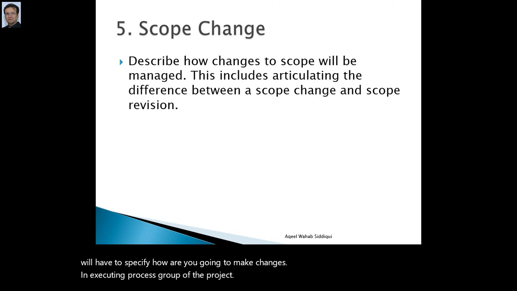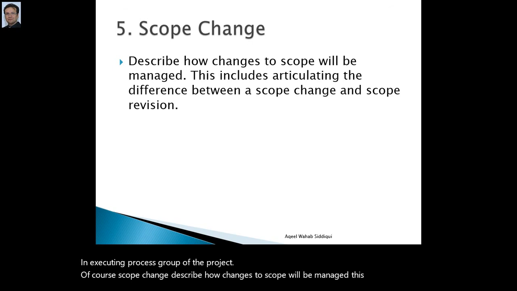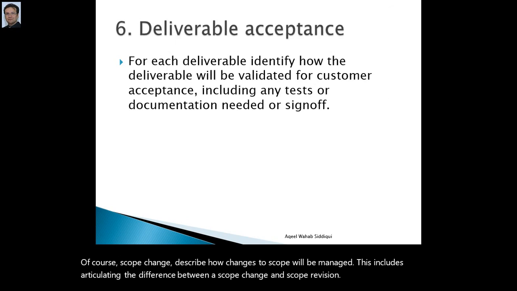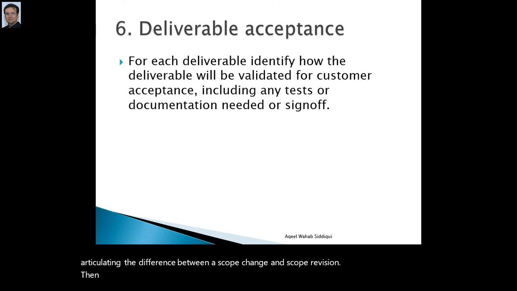And of course, scope change describes how changes to scope will be managed. This includes articulating the difference between a scope change and scope revision. Then deliverable acceptance: for each deliverable, identify how the deliverable will be validated for customer acceptance, including any test or documentation needed or sign off.